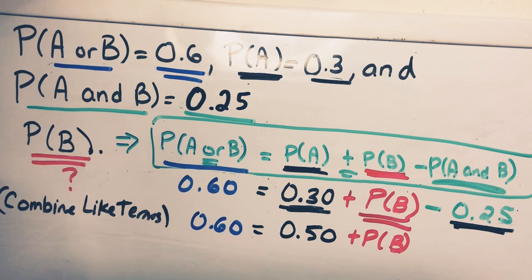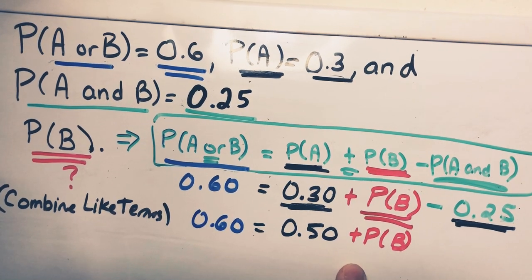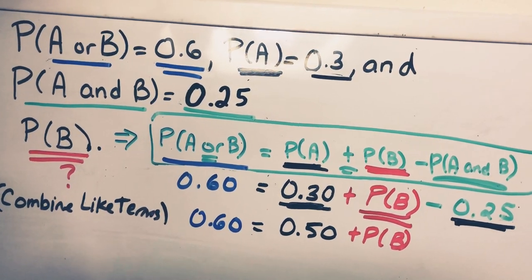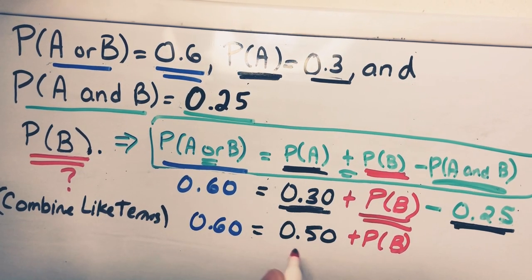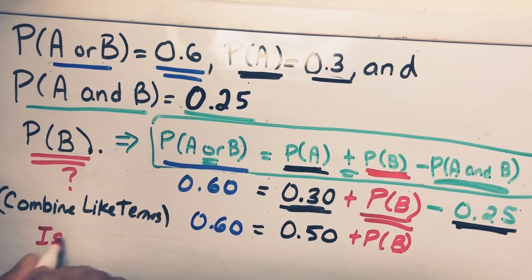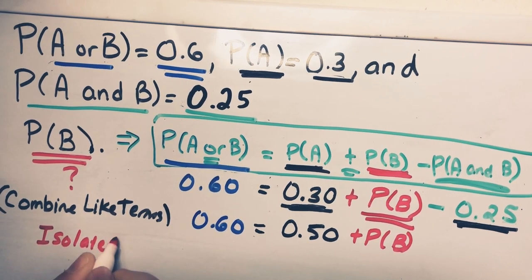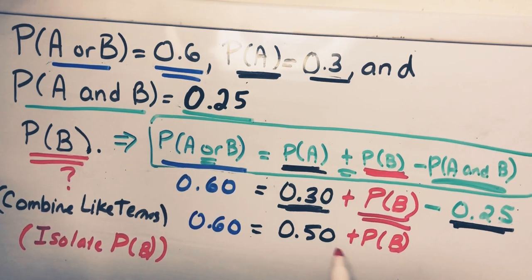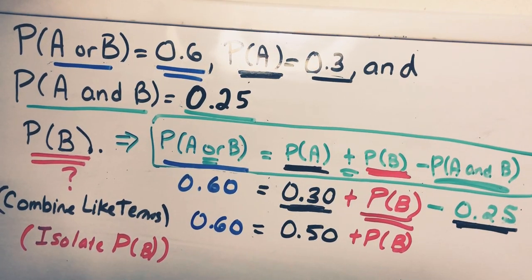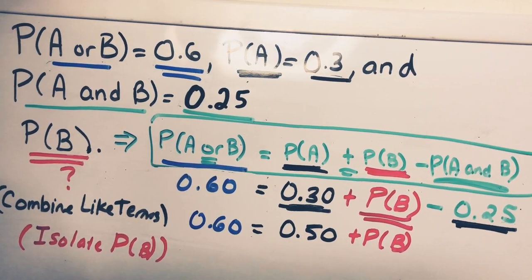Next step in basic algebra, when you're finding an unknown in a linear equation like this, is to isolate the term you're looking for. So in order to isolate the probability of B on the right, we need to undo the operation that's currently uniting it to this number, which is addition.